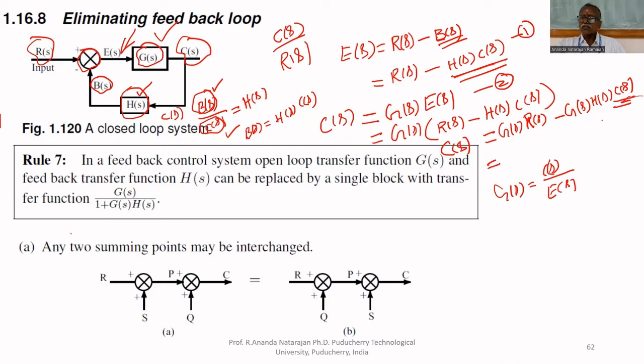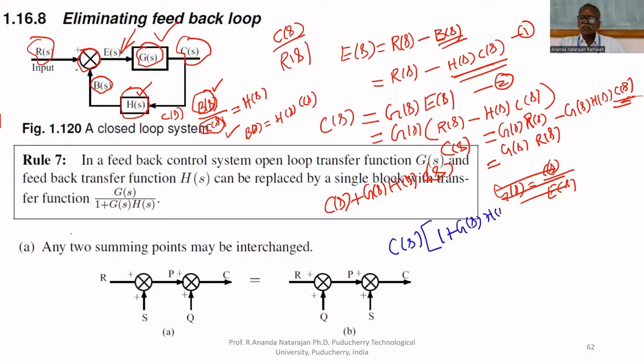If you bring all C(s) to the left hand side, what you will get? C(s) plus G(s)H(s)C(s) equals G(s)R(s). Therefore, I can take C(s) outside: C(s) times (1 plus G(s)H(s)) equals G(s)R(s). For the overall transfer function, the input is R(s) and the output is C(s).